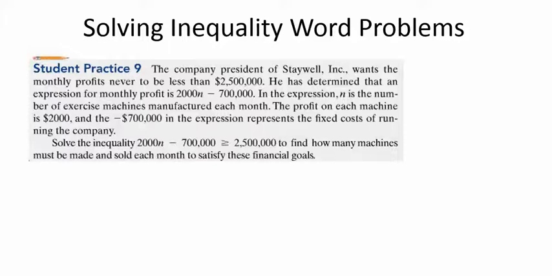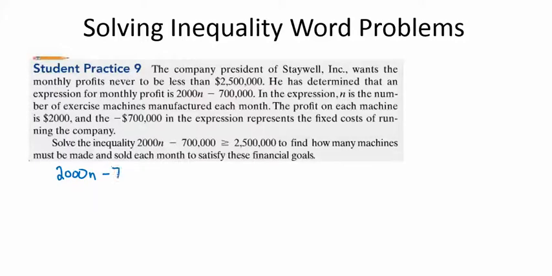In the expression, N is the number of exercise machines that are manufactured each month, and the profit on each machine is $2,000. So if we were to multiply $2,000 times the number of machines that are made and sold each month, that will give you the profit on the exercise machines.